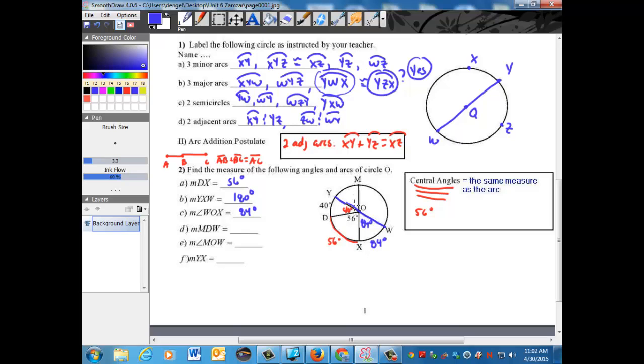Alright, the other rule that we can use here are vertical angles. If we look at this straight line and this straight line, in blue, let's make it green, we see that 84 and 84 are vertical angles. So we would add up 180 degrees for our semicircle, add that to 84, and we get 264 degrees.